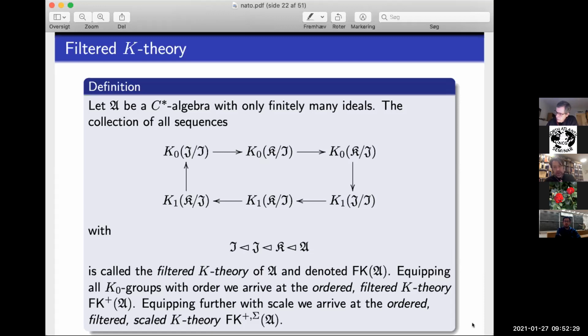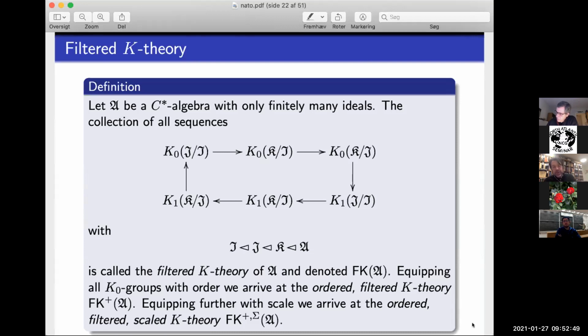It was actually discovered first in the setting of shifts of finite type in work of Eilers and Huang, and they called it the K-web, which is perhaps a more telling name about how you deal with it.